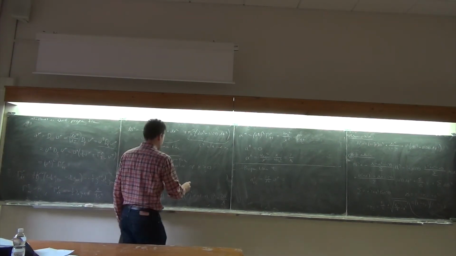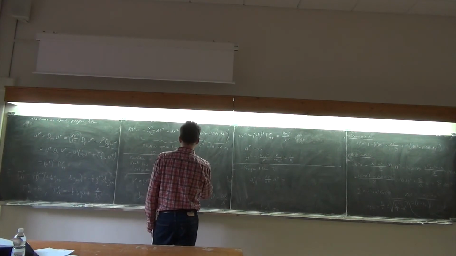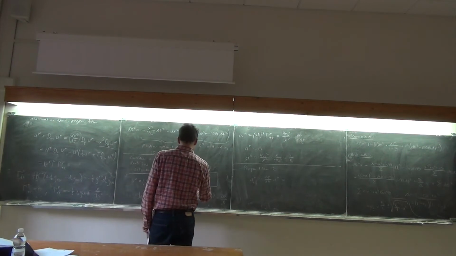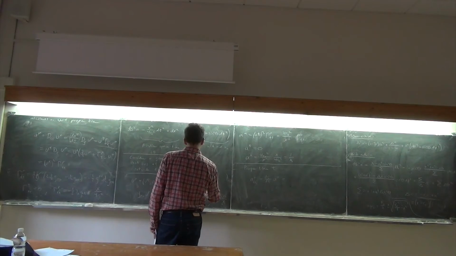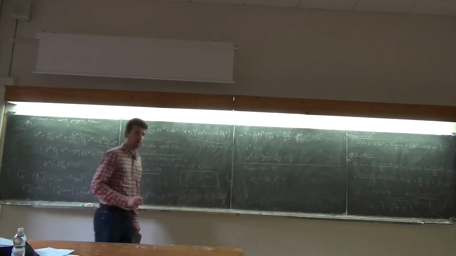That we know because the proper time is simply given by this: d tau is simply x over 2 plus 0 dt, right?